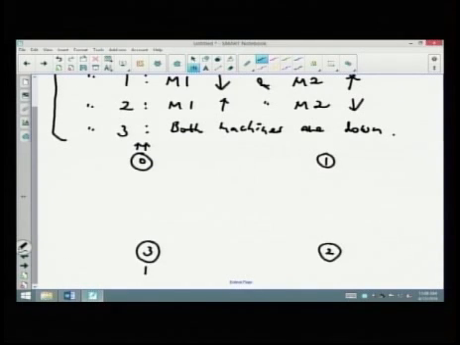Down here, both machines down. Here, machine 1 is down and machine 2 is up. So this is machine 1 and machine 2. Here, the first machine is up and the second machine is down. Okay? So this is machine 1, machine 2.